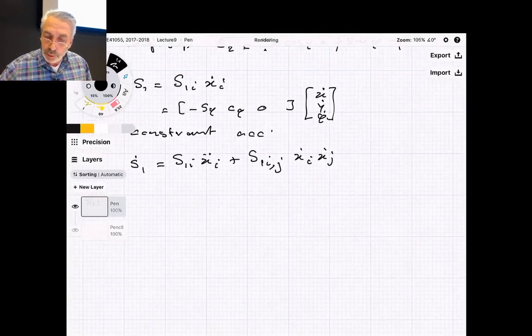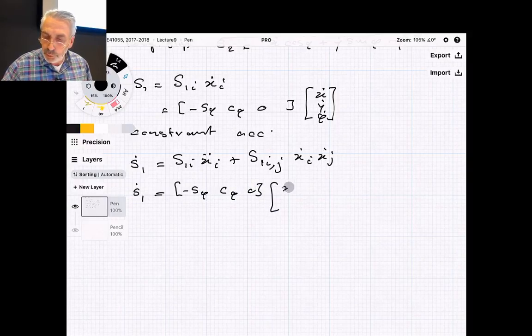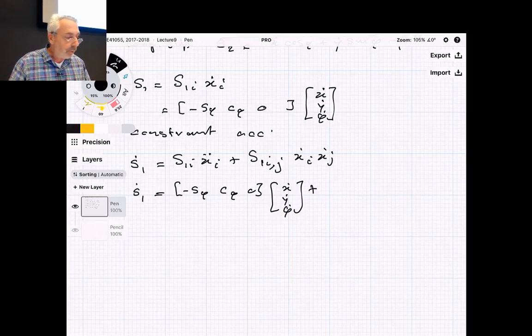And how does it look? Well, the first part is very simple. S dot 1 is just copy what is above, minus sine phi, cosine phi, 0, and here we have these speeds x dot, y dot, and phi dot. And then I have to take all these second derivatives, but there are not so many actually. The only variable here is phi; x is not there, y is not there.